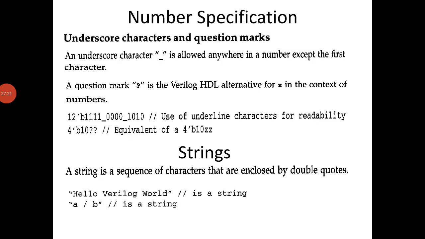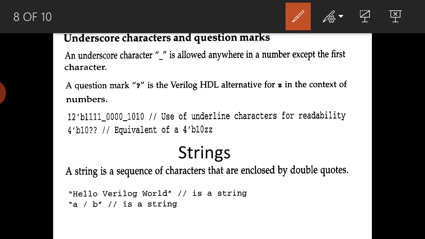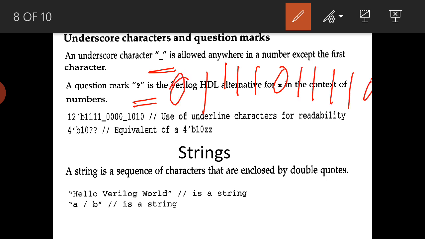The next one: while specifying a number, underscore and question marks. These are one more lexical convention. So why will we use underscores? To read the numbers properly. For example, if I write 1 0 1 1 1 1 0 1 0 continuously, it is somewhat difficult to read.